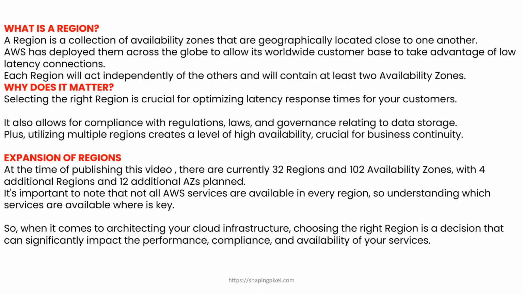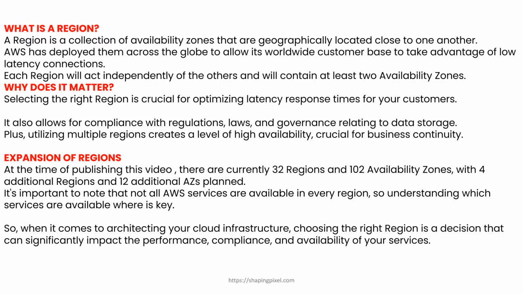Let's dive into the concept of regions and how they impact your cloud infrastructure. A region is a collection of availability zones that are geographically located close to one another. AWS has deployed them across the globe to allow its worldwide customer base to take advantage of low latency connections.